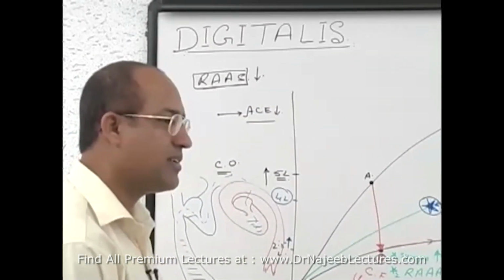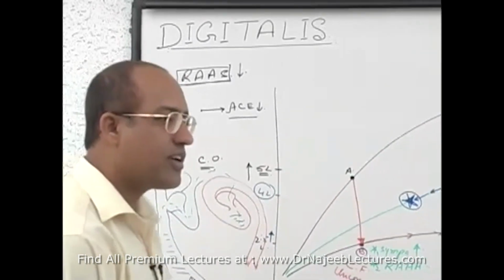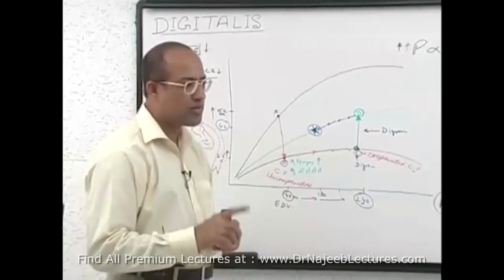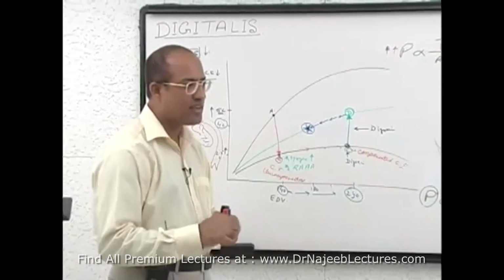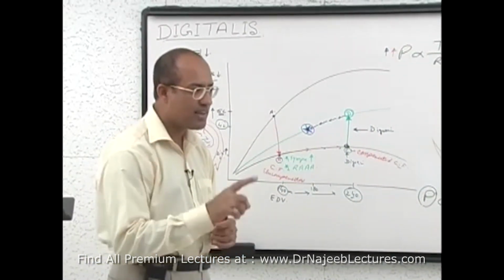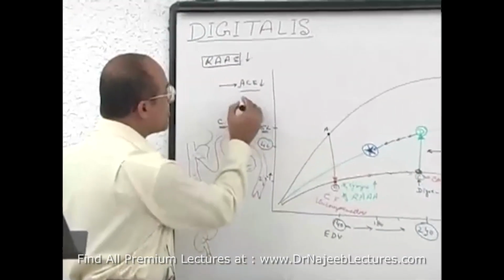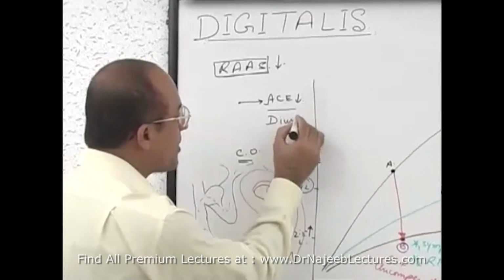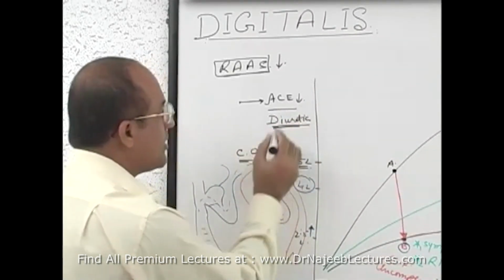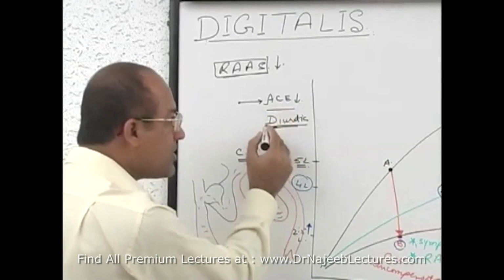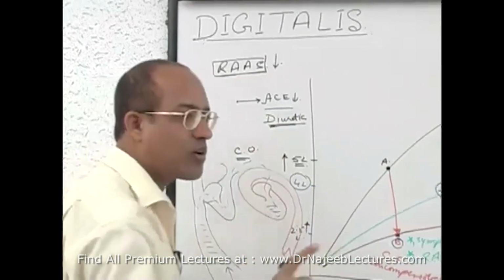Now listen to what will happen. When you give an angiotensin converting enzyme inhibitor, does the angiotensin 2 level in the body become less or more? Less. And the aldosterone level becomes less. So what really happens when you give this drug, and of course with it I have to give diuretics? We are reducing aldosterone, we are reducing angiotensin 2, and with the diuretic we are reducing salt and water load.